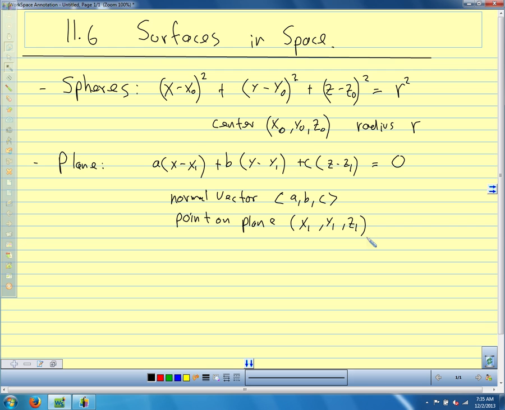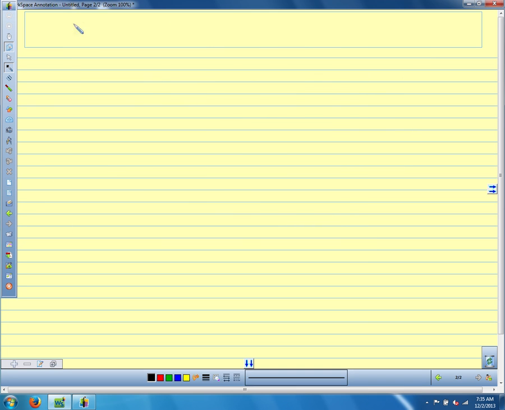What we want to talk about today is cylindrical surfaces and quadric surfaces. Again, an extension of what we know, but we're moving it into 3 dimensions. So let's look at cylindrical surfaces.